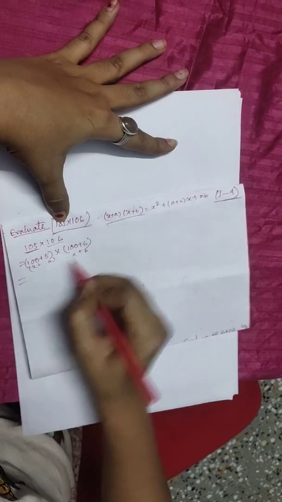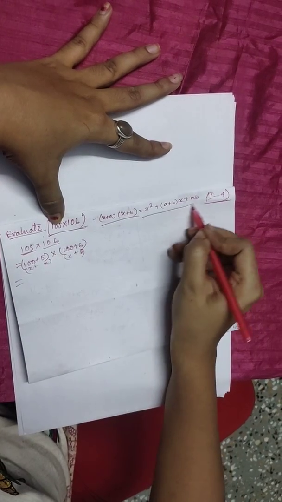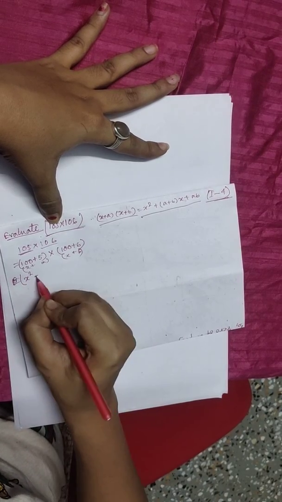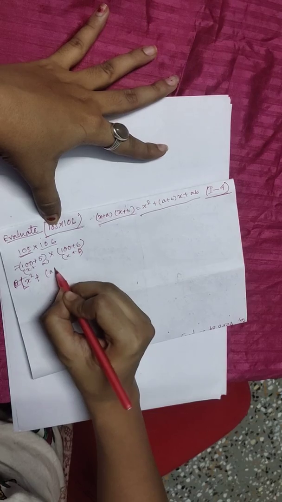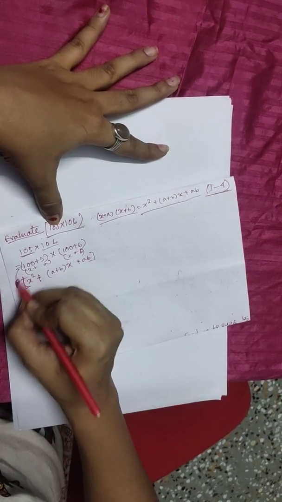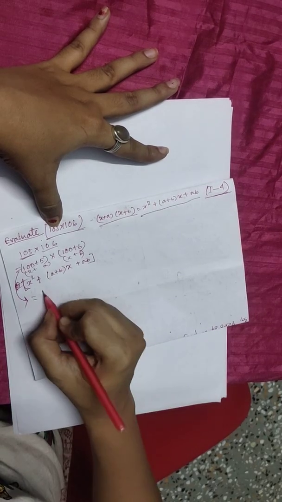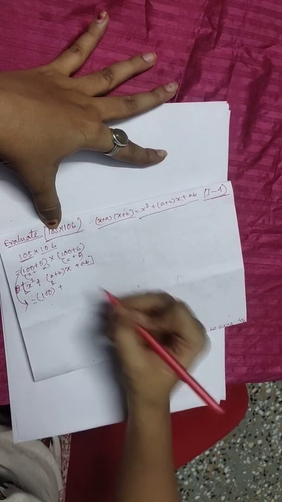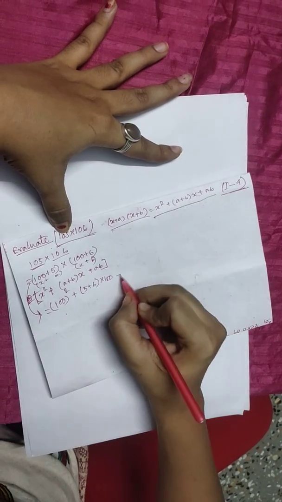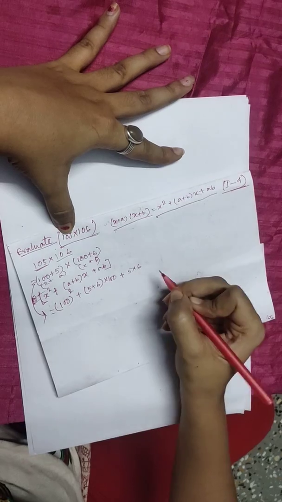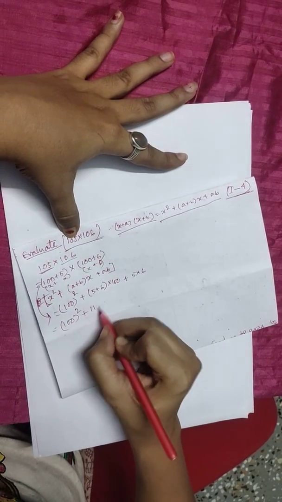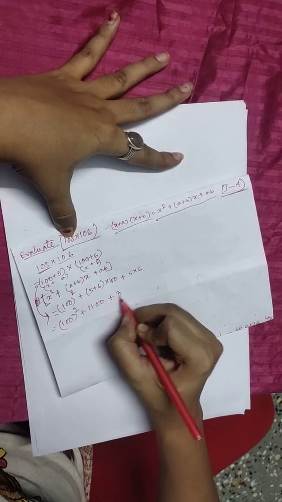So, (x plus a) into (x plus b). So, you can write it as x square plus (a plus b) into x plus ab. So, for this equation, you will get 100 square plus (5 plus 6) into 100 plus 5 into 6. What will you get? 100 square plus 30.